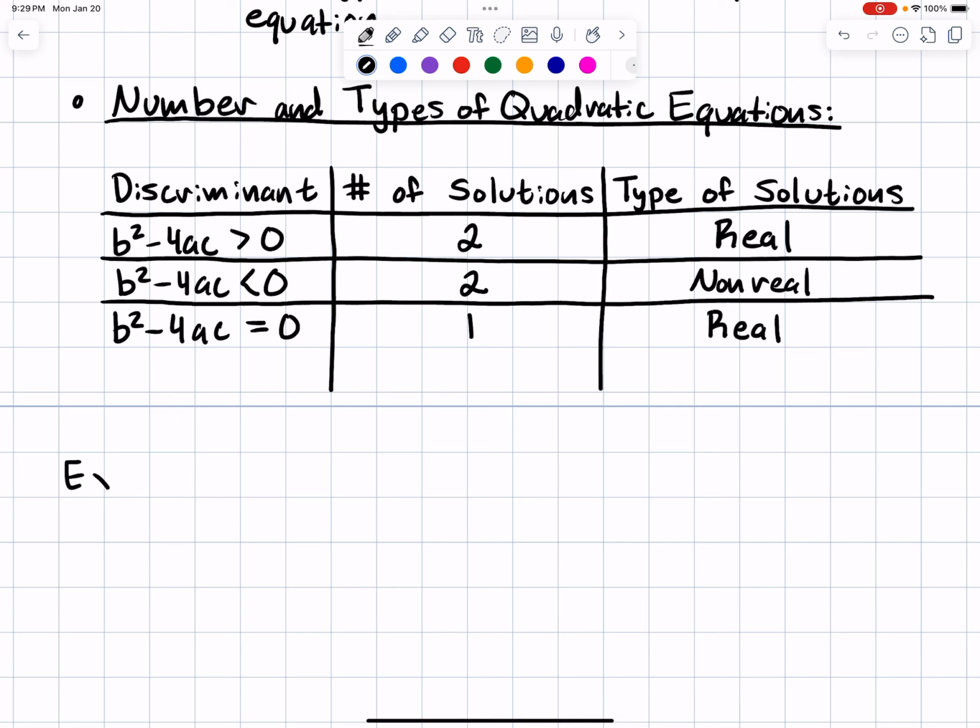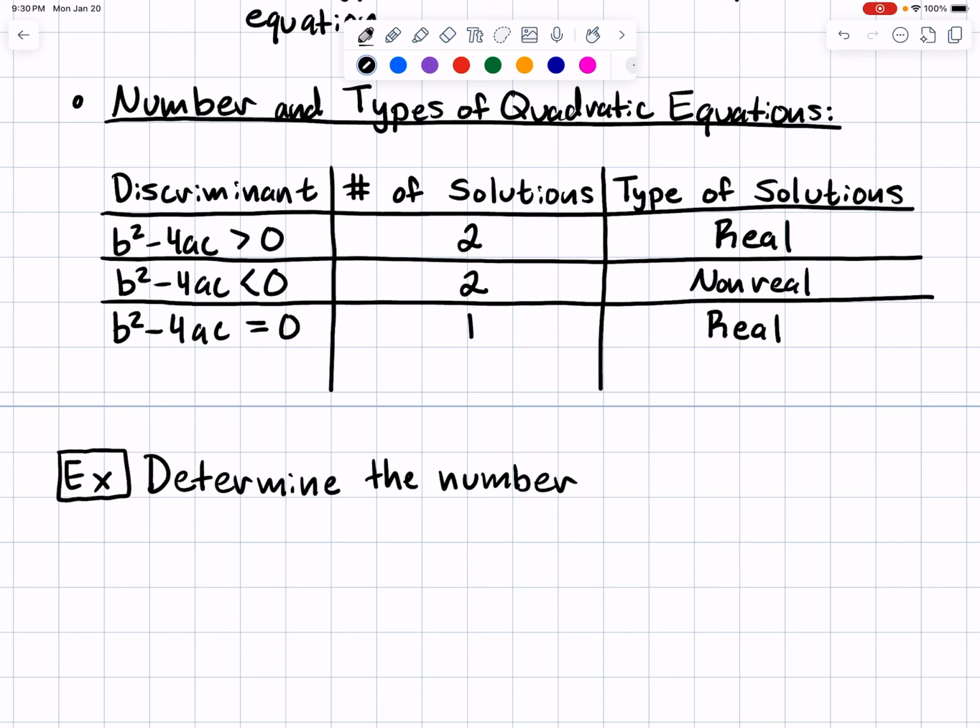Example. Determine the number and type of solutions for the following quadratic equations.